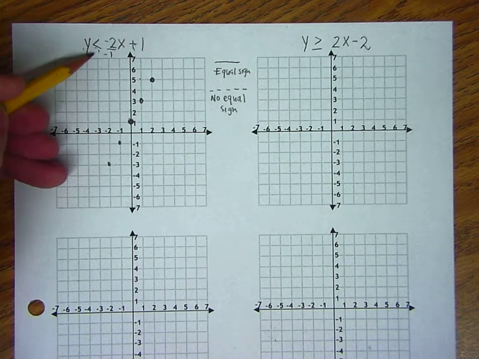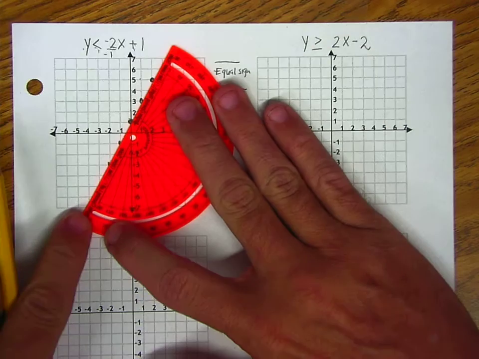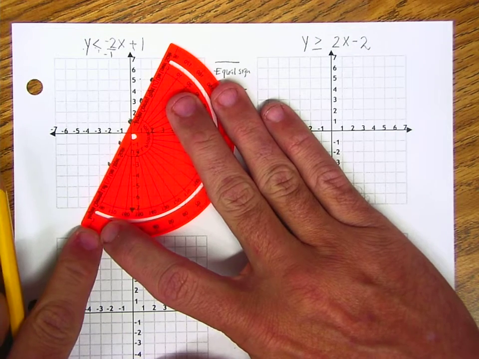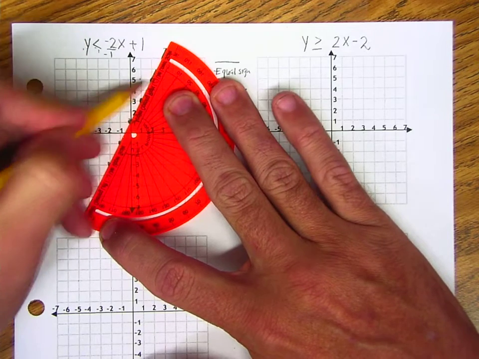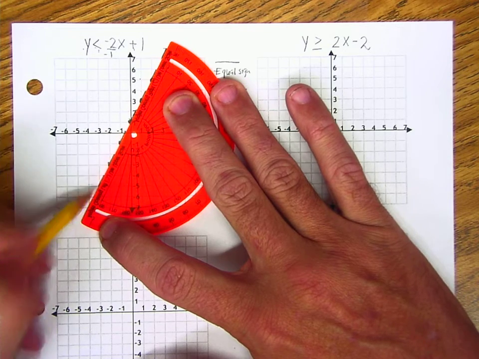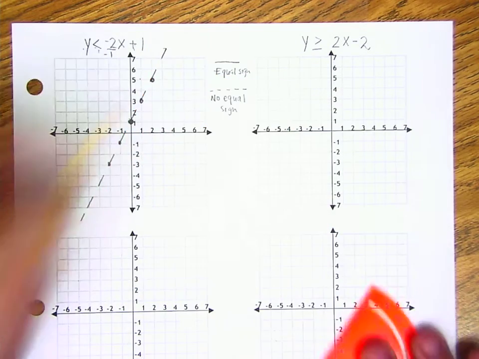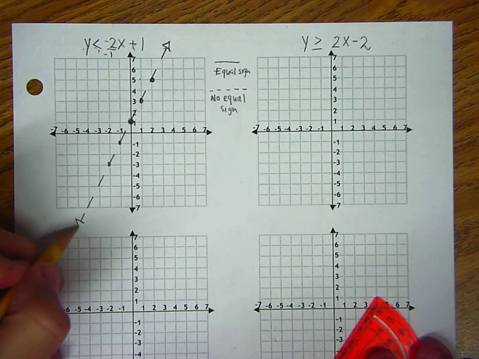So since there is no equal sign, our inequality line is going to get a dashed line, which means nothing on that line would be a solution that we can use. Go through the lines, arrows at both ends.